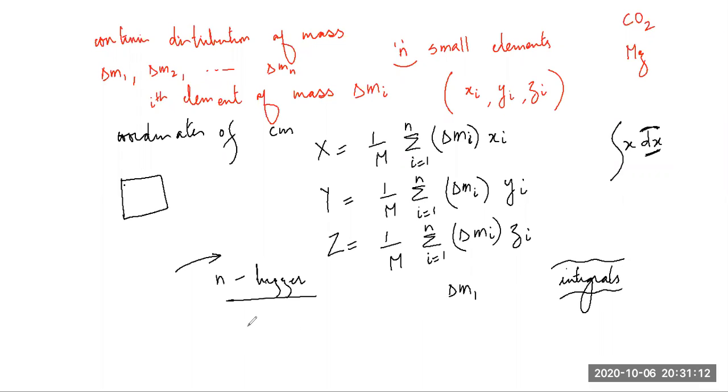I'll go to the next page. So what is my summation delta m_i x_i? There are so many particles, billions and millions of particles, so I could use the integral.